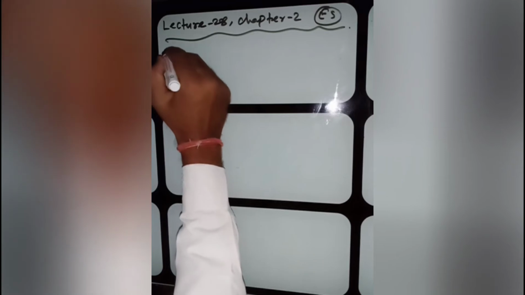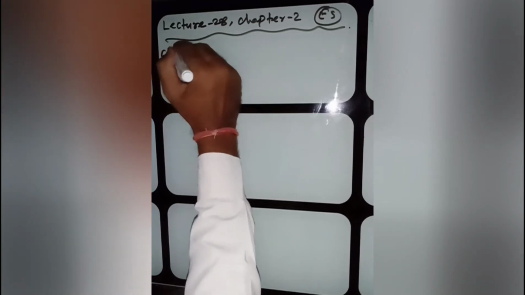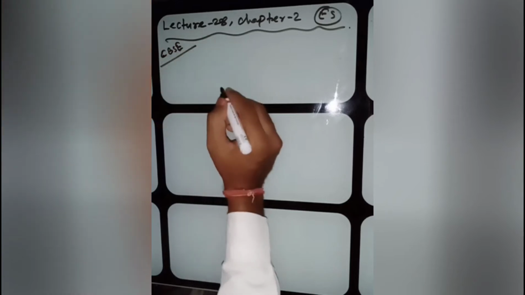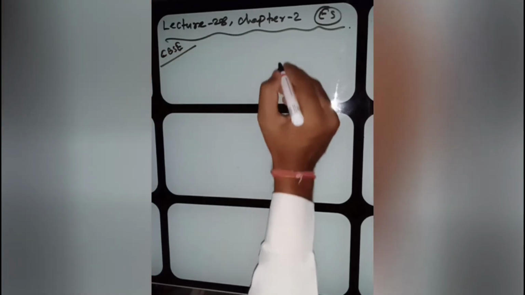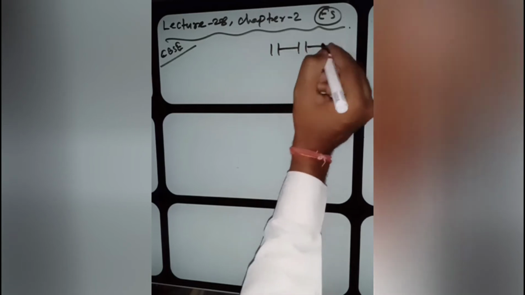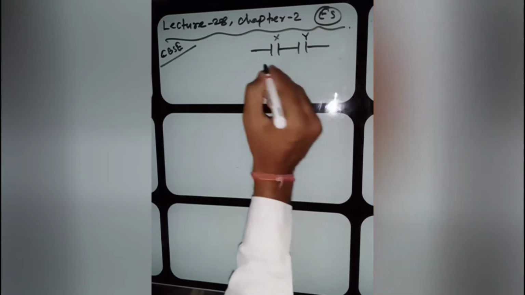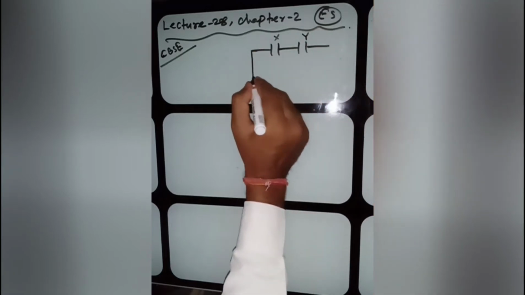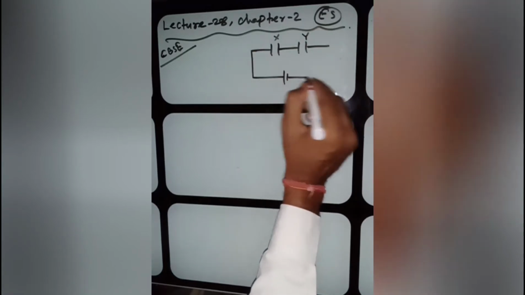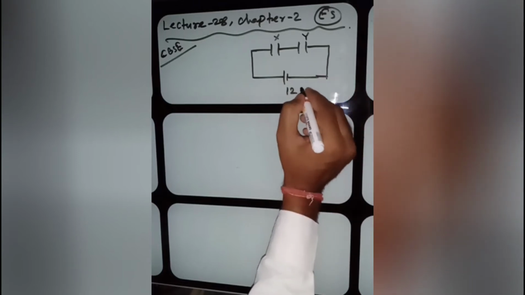This was the question in CBSE. You are given two capacitors, say X and Y, connected by a battery of 12 volt.